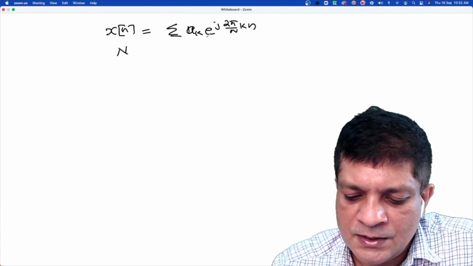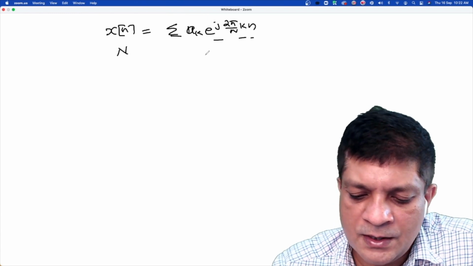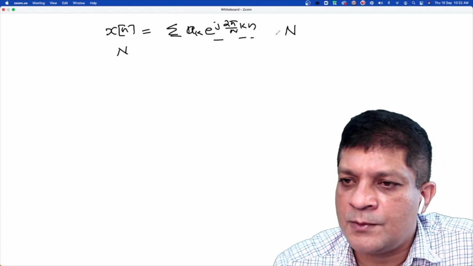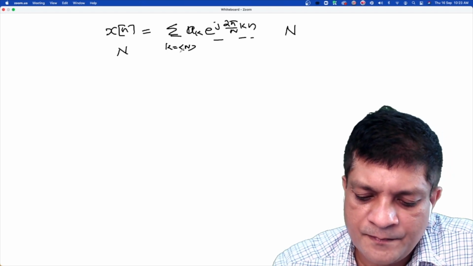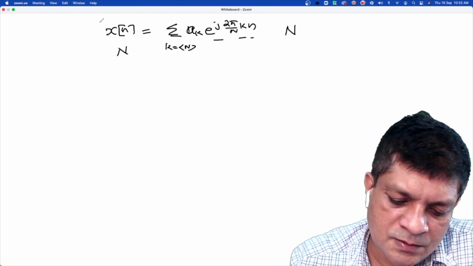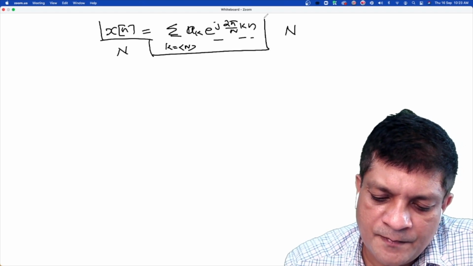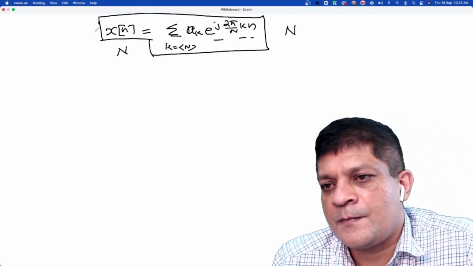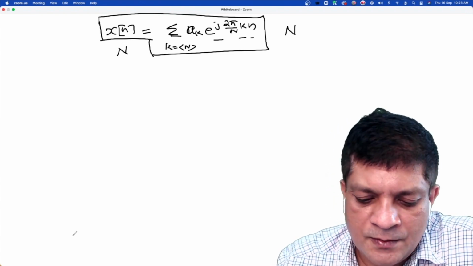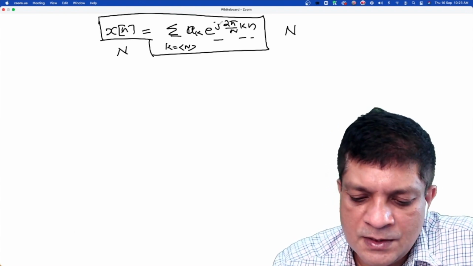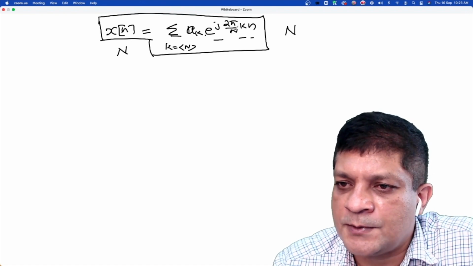Here, since there are only N distinct harmonics, the summation is over N terms. This is the discrete time Fourier series representation. We are expressing a periodic signal as a linear combination of complex exponentials.